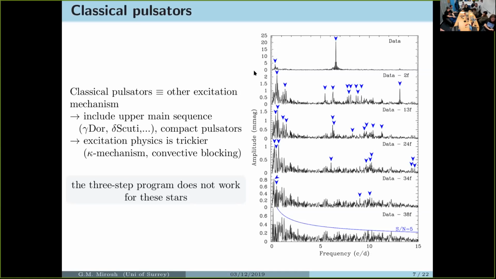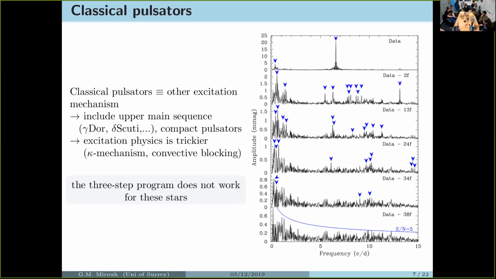And here you have the process of pulling out frequencies. You take the most obvious ones, remove them from the spectrum, and start again until you only have noise left. In this star, we identified 38 frequencies. Maybe it's not obvious with this plot, but trust me, they don't really follow any kind of pattern.